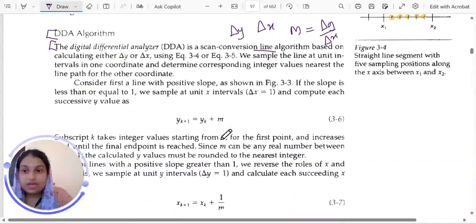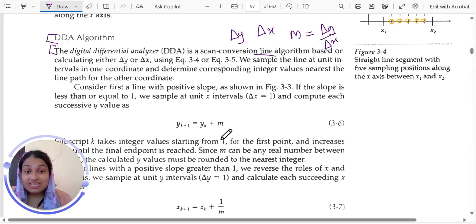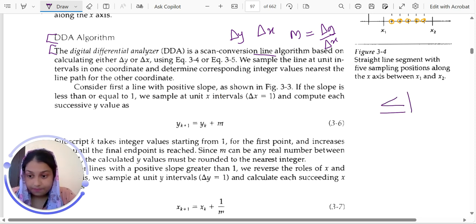Now if the slope is less than or equal to 1, then we sample at unit x intervals.